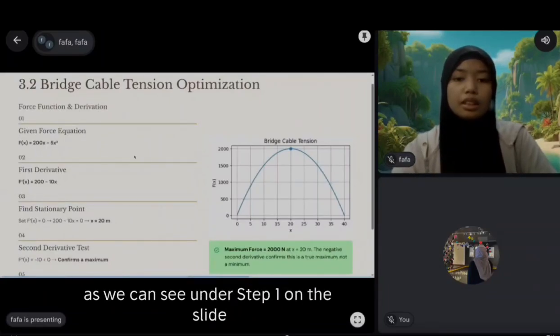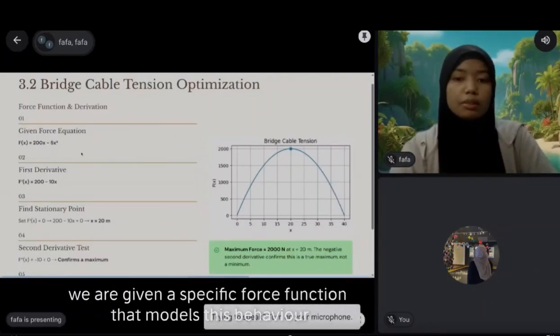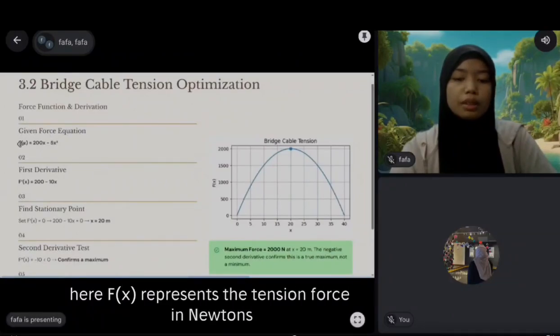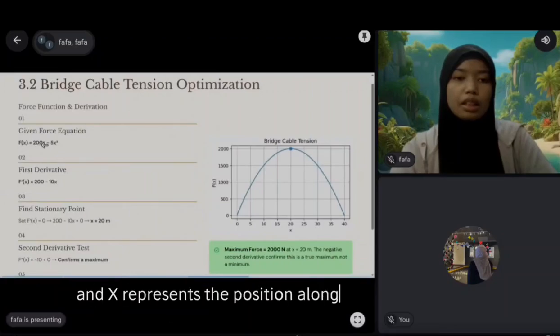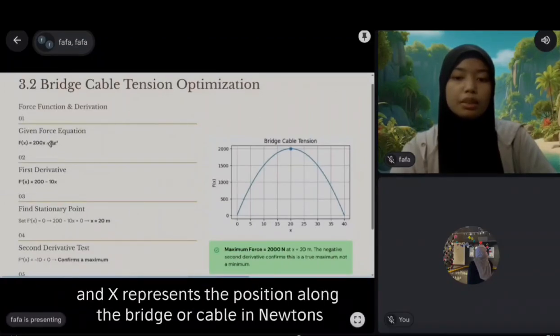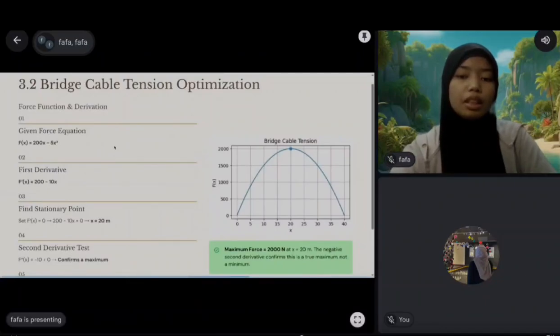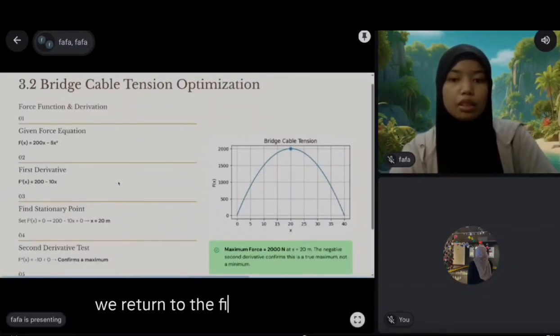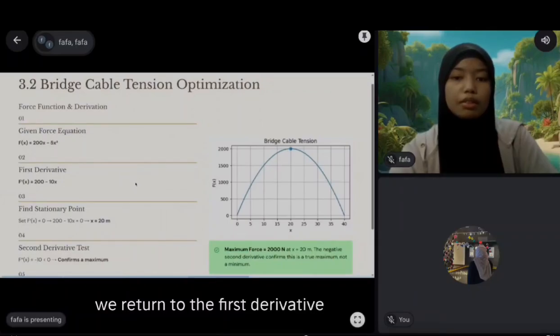As we can see under step 1 on the slide, we are given a specific force function that models this behavior. Here, F(x) represents the tension force in newtons, and x represents the position along the bridge cable in meters. To find where this force reaches its absolute peak, we turn to the first derivative.